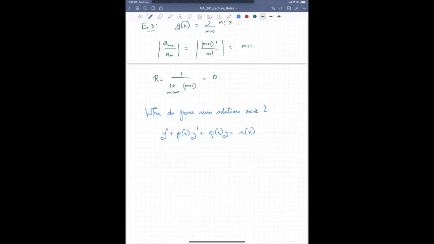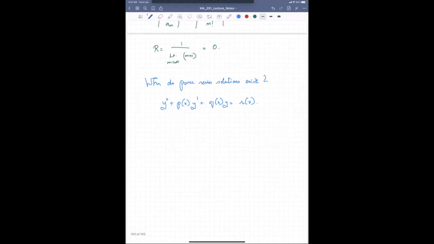If P of x, Q of x, and R of x have power series representations around some x equal to x0, then the solution will also have a power series representation around x equal to x0. There is a slightly different way in which this is usually stated, and this uses the notion of what is called analyticity.